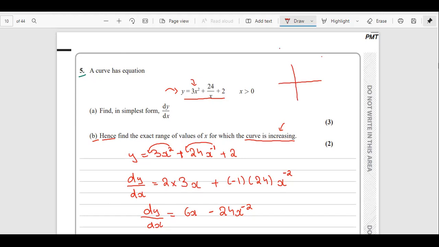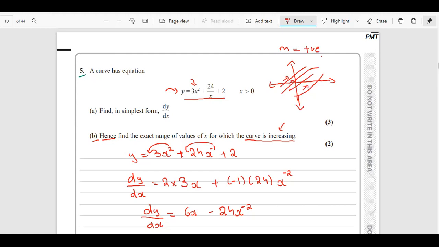whenever the slope is positive, this would be the type of curve which we are going to have, right? This is the axis, even if it's a straight line, it would be increasing. It is going upward. This is also going upward, and all these are going upward.